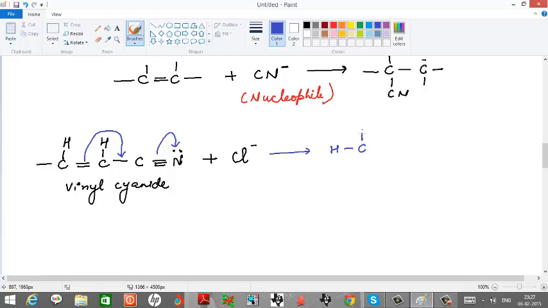H, C, H, chlorine, C, H, double bond carbon, double bond nitrogen with two lone pairs of electrons and a negative charge. And this is which effect? It is a minus E effect.